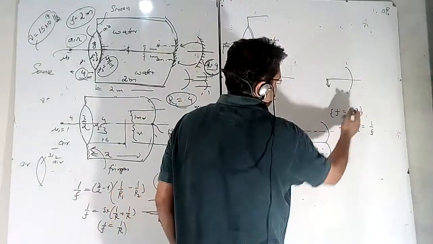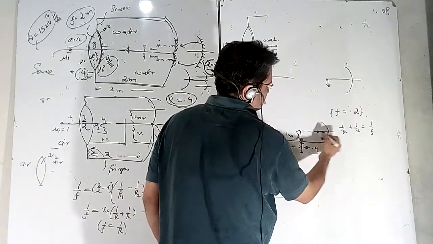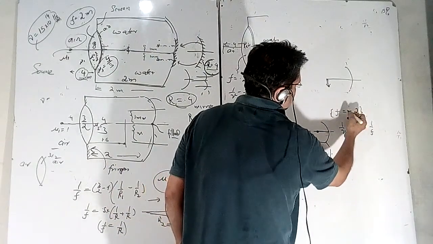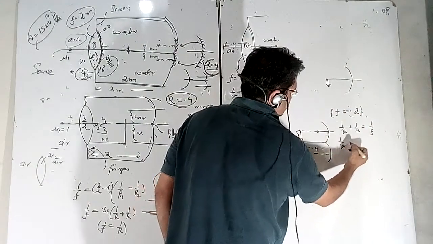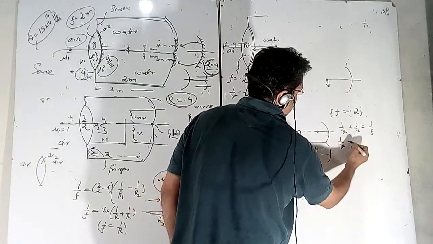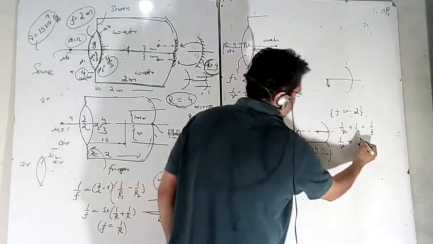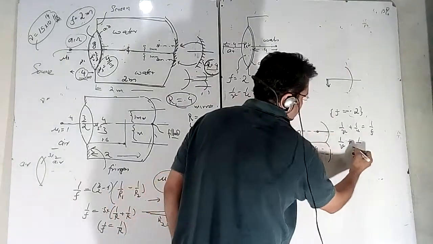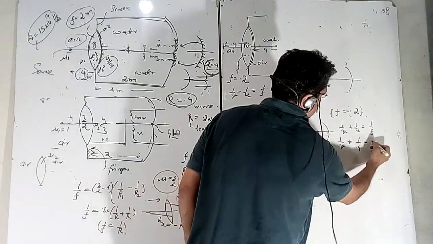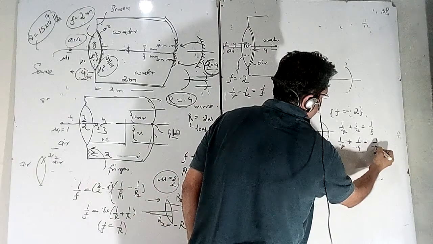F here is in this direction, so f has to be taken as negative. So 1 upon v plus, the distance u is in the opposite direction, so minus 0.4, is equal to 1 upon minus 0.2.